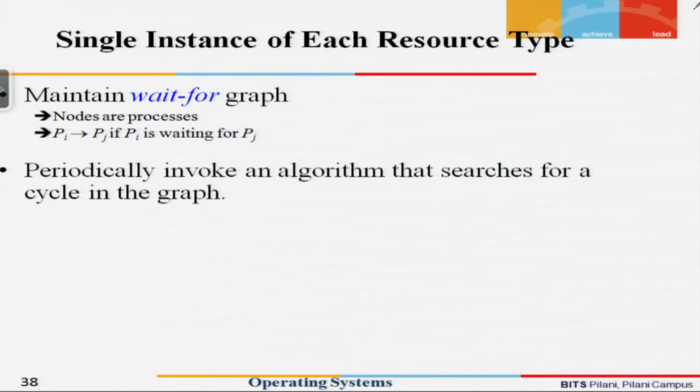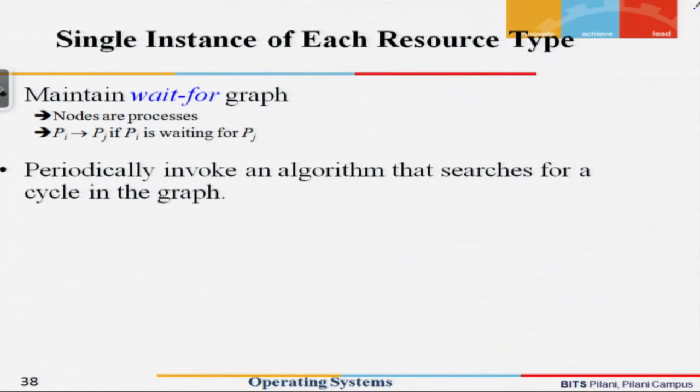In the case of a resource allocation graph, we said that we have two different kinds of vertices: a resource and a process, and then we had various edges.